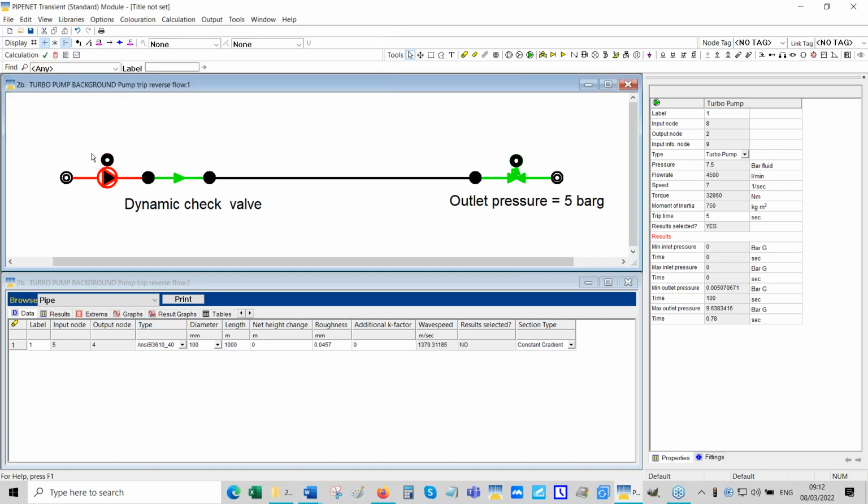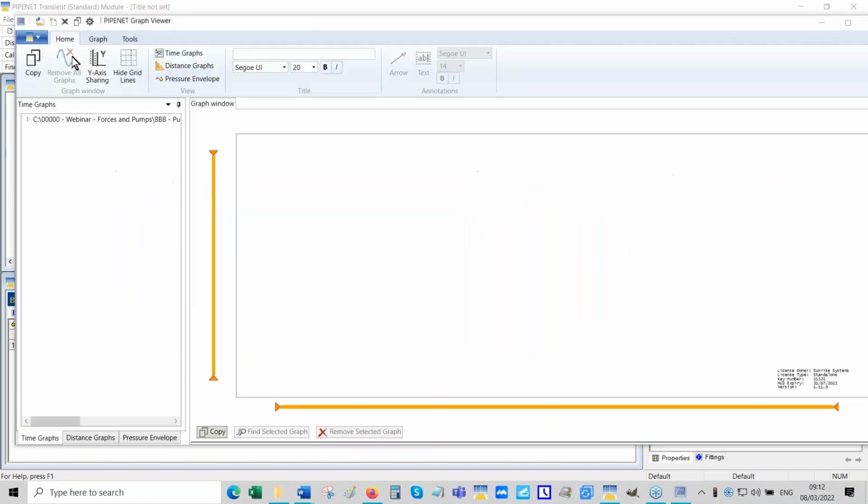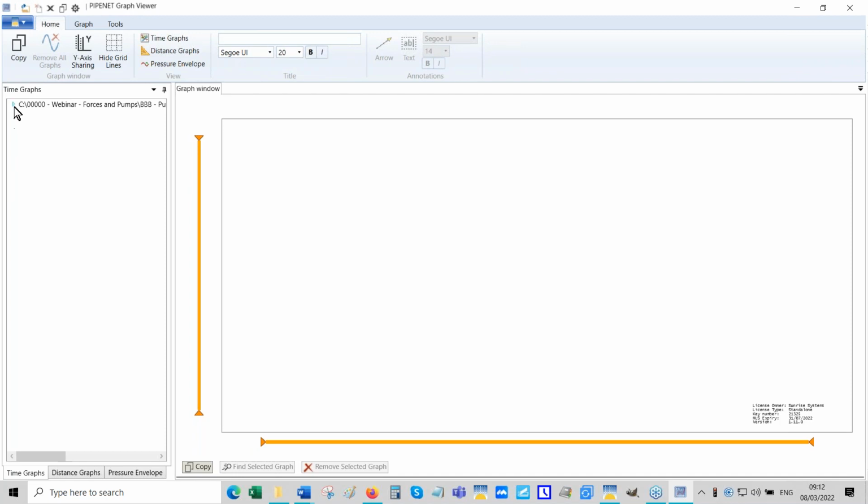See here again, it's unlikely that we'll have, I don't know, we'll have to look at the results, that there is actual reverse rotation of the pump, because there's a check valve here. But you could get reverse flow because that check valve doesn't close instantaneously.